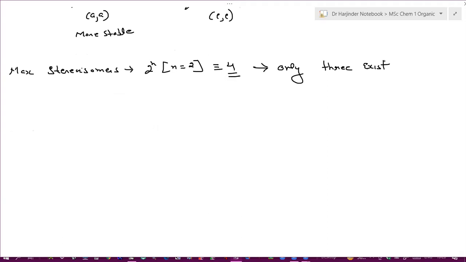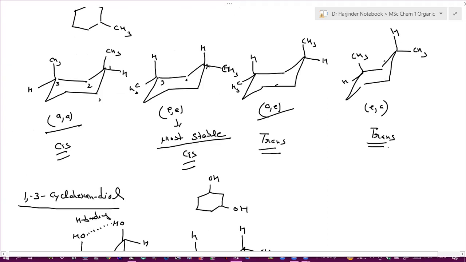So yes, which one will have plane of symmetry out of these? Look carefully and tell me which one will have plane of symmetry. Out of these 4, 2 will have plane of symmetry and they will exist in a mesoform. So which 2 will have plane of symmetry?